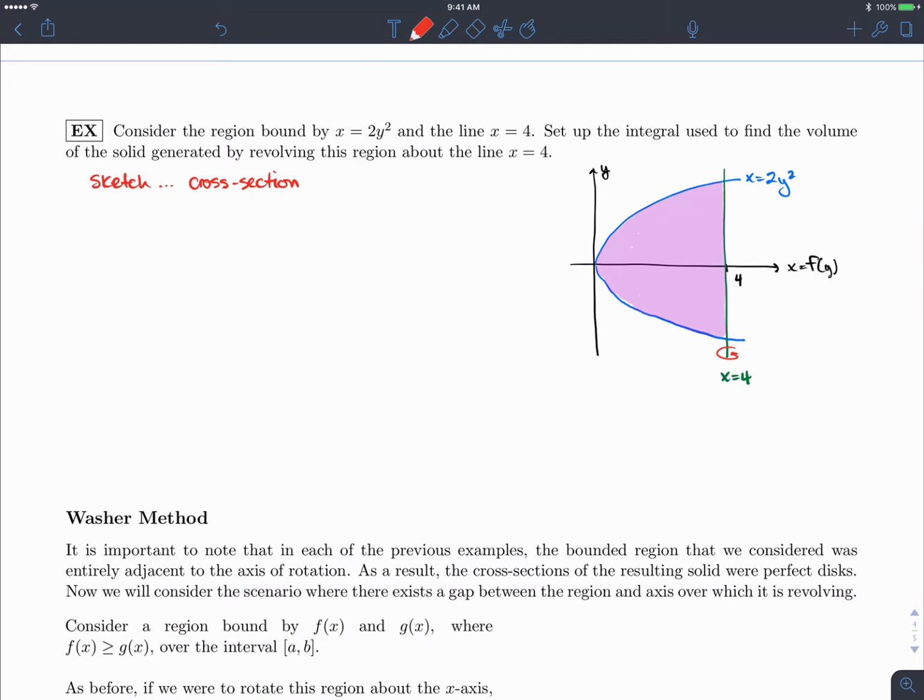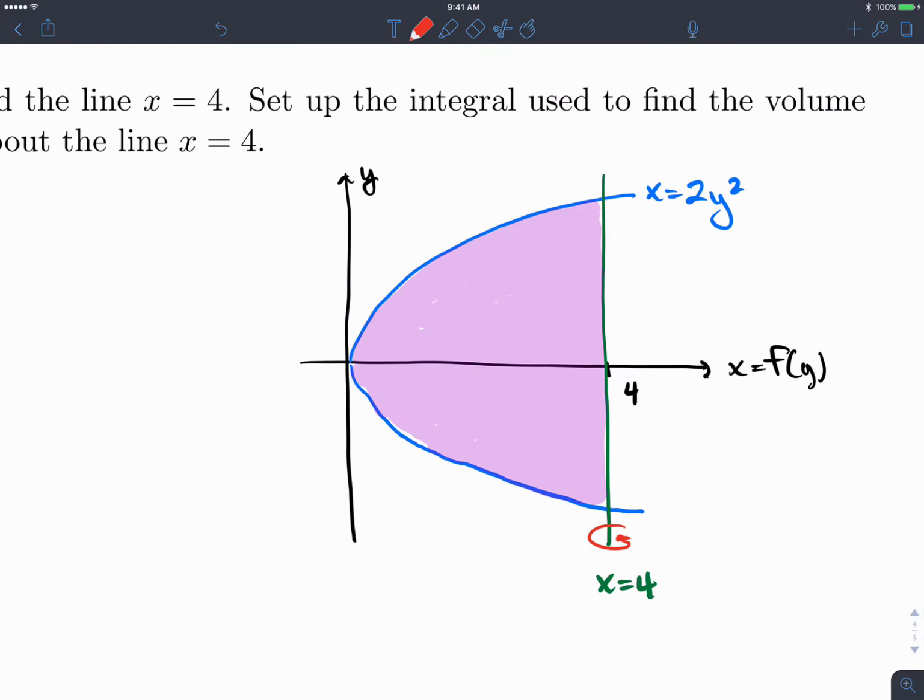So we're going to start here on our axis of rotation, I'm just going to pick a spot right there, and we're going to go out to our boundary curve. So here's one of the cross sections of area that will be rotated around to generate a disk. And again, we know it's going to be a disk because it's right against the axis. It's going to be a solid circular disk.